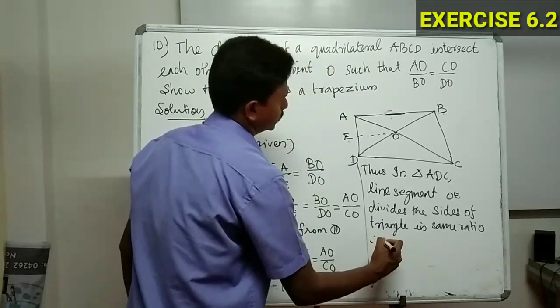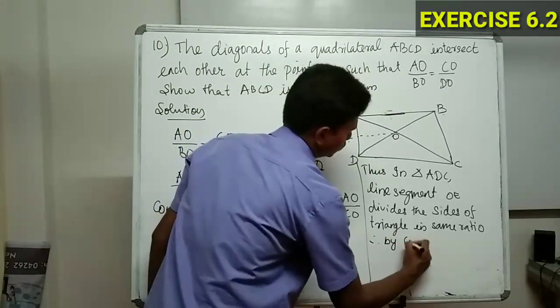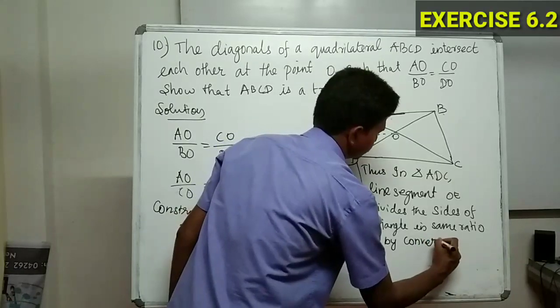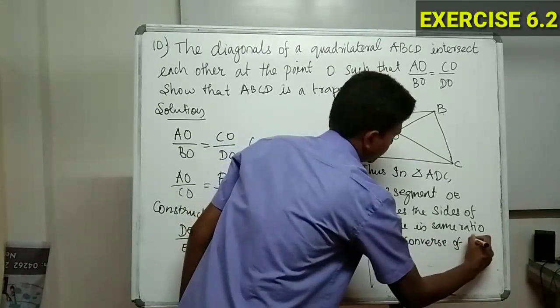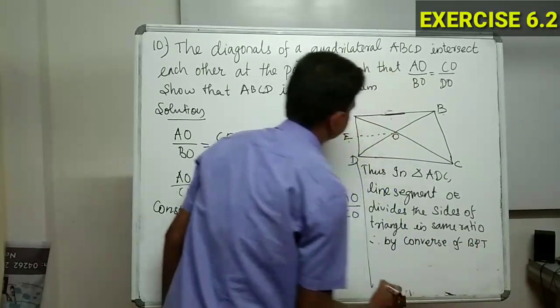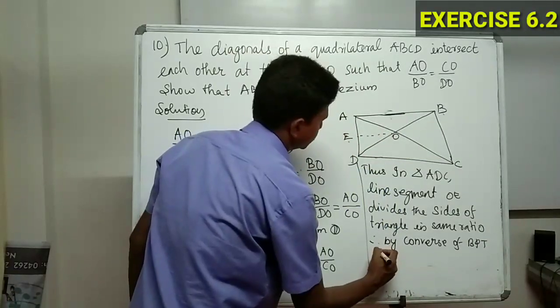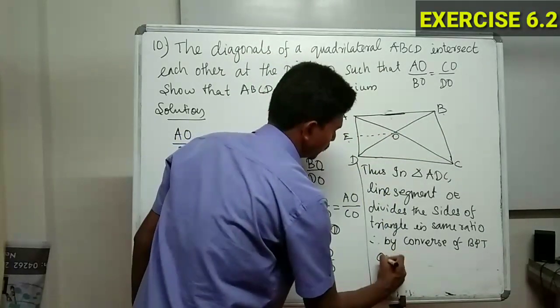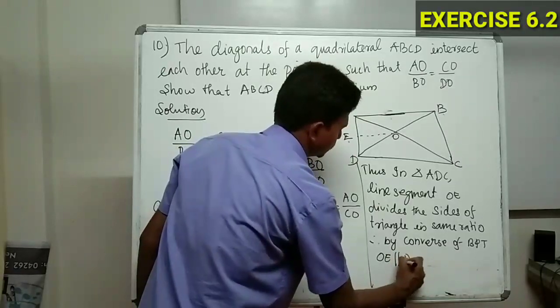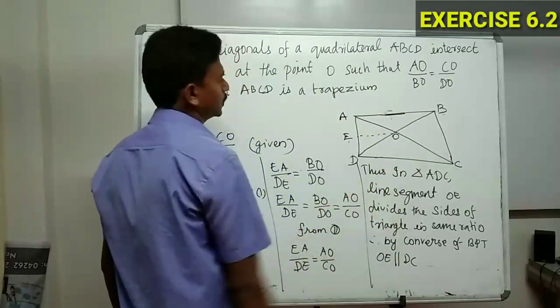Therefore, by the converse of the basic proportionality theorem, we can say that OE is parallel to DC.